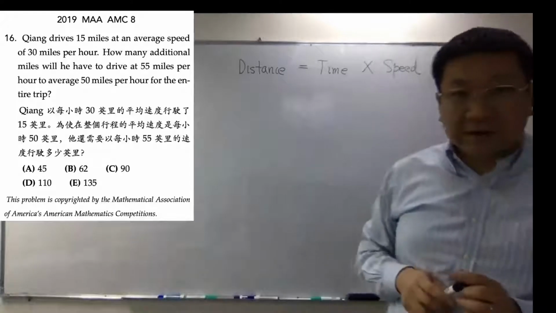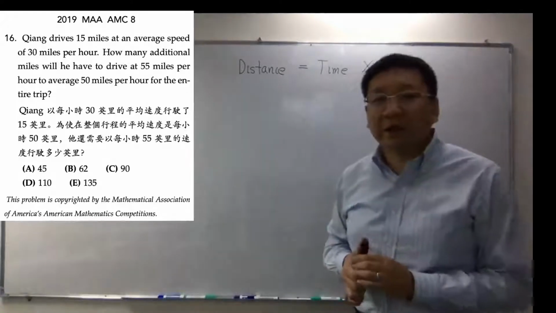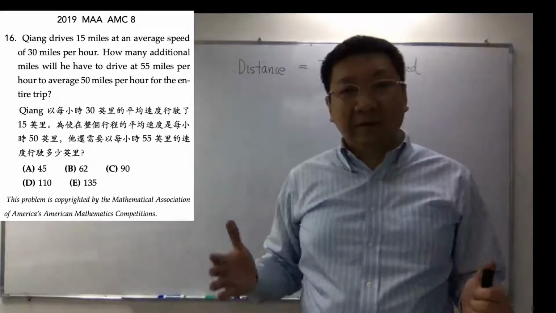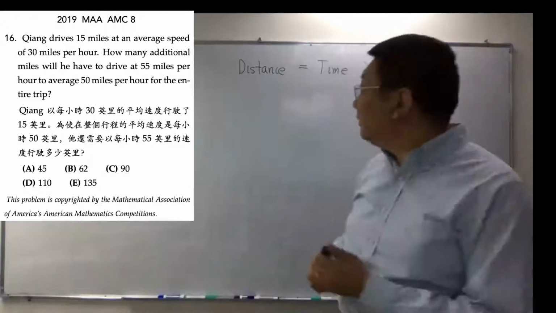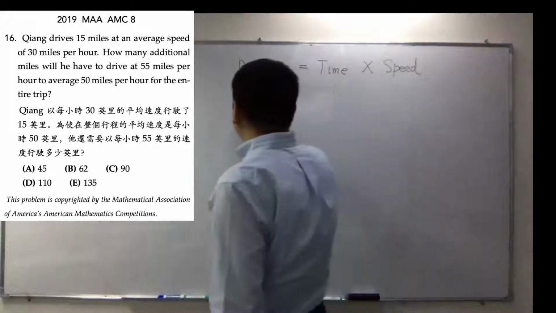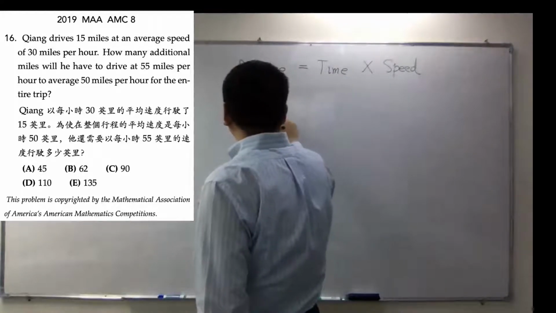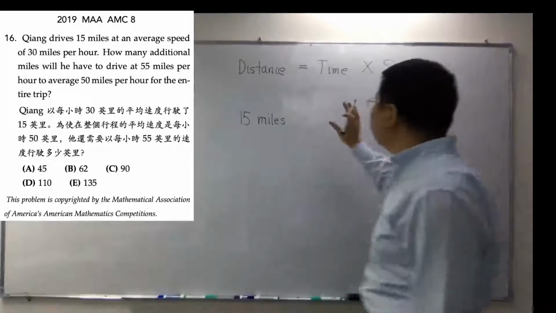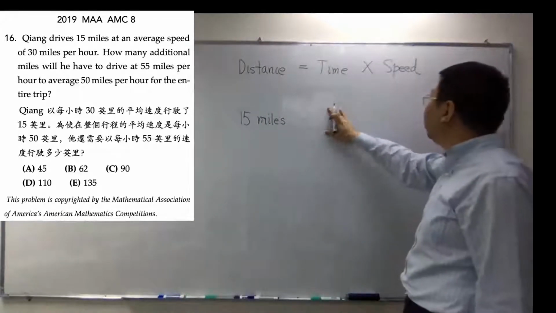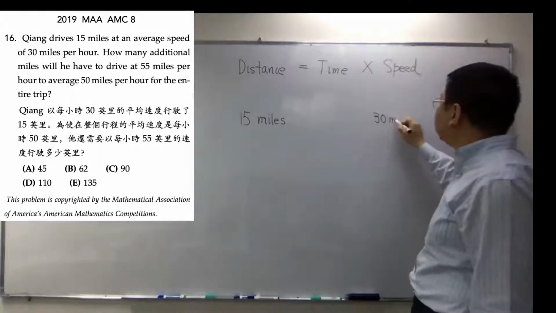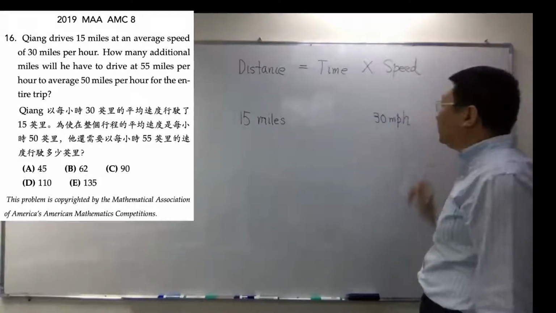In here, Qiang's journey is divided into 2 parts. The first part is how long? When we're talking about distance, the first part is 15 miles. Do we know the time? Not yet. Do we know the speed? We know. That is 30 miles per hour.